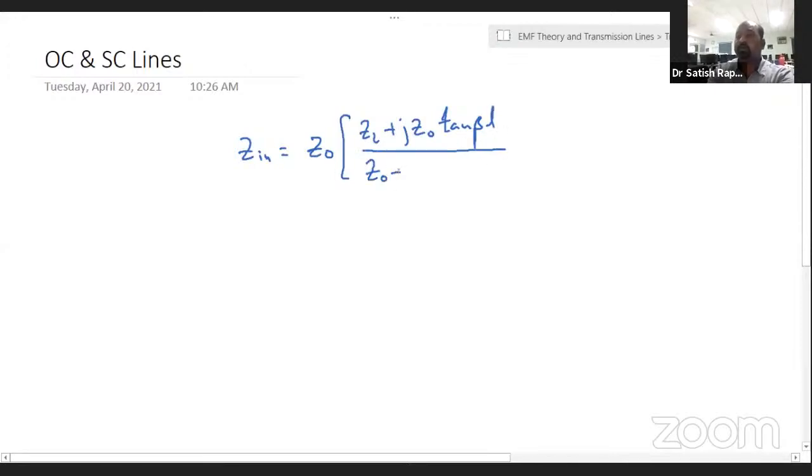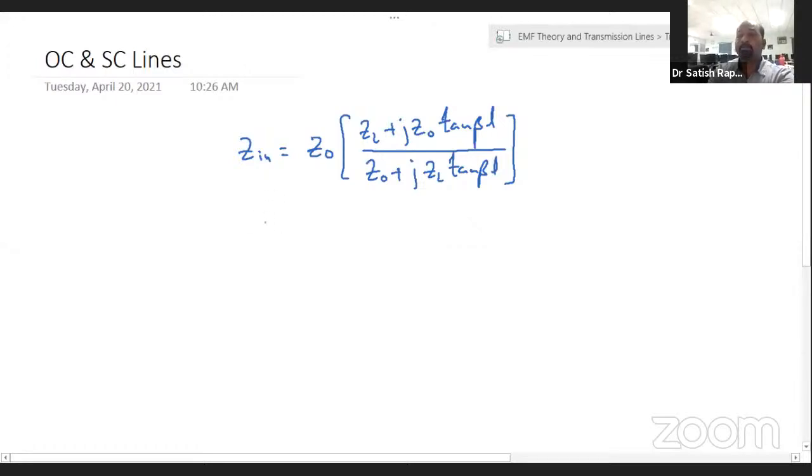So far we know the input impedance, which is equal to Z0 times (ZL plus JZ0 tan beta L) divided by (Z0 plus JZL tan beta L). I'm considering a lossless transmission line.